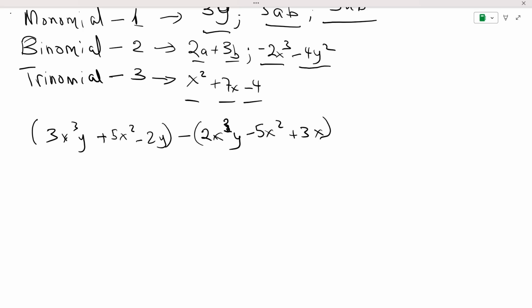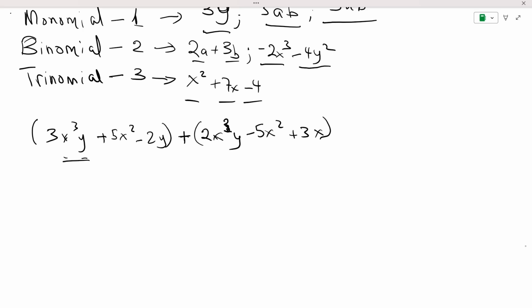If you're asked to, well, it's addition, not subtraction. If you're asked to add this trinomial to this trinomial, what you have to do is to look for what we call similar terms, terms that look the same in terms of the nomenclature and also in terms of the power.